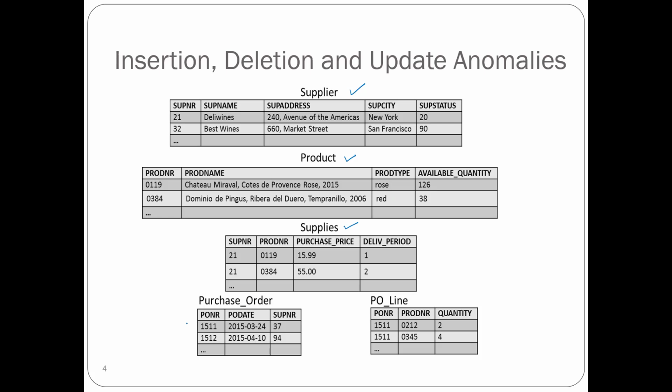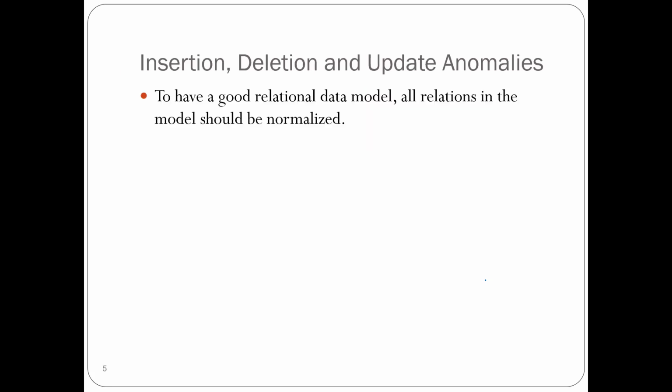Okay, and then you would have the purchase order relation and purchase order line. So this is where we have to go. This is the final end result which we'll have once we understand the importance of normalization. Okay, and now the question arises, what did we gain by normalization? So that's what we would learn.